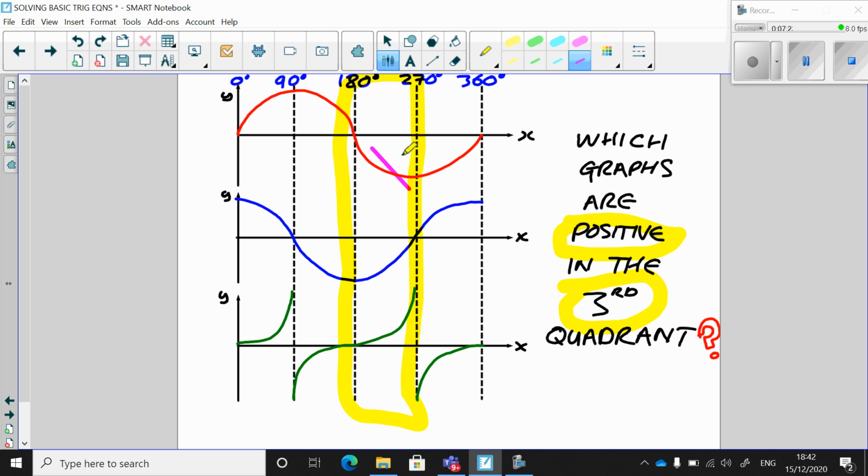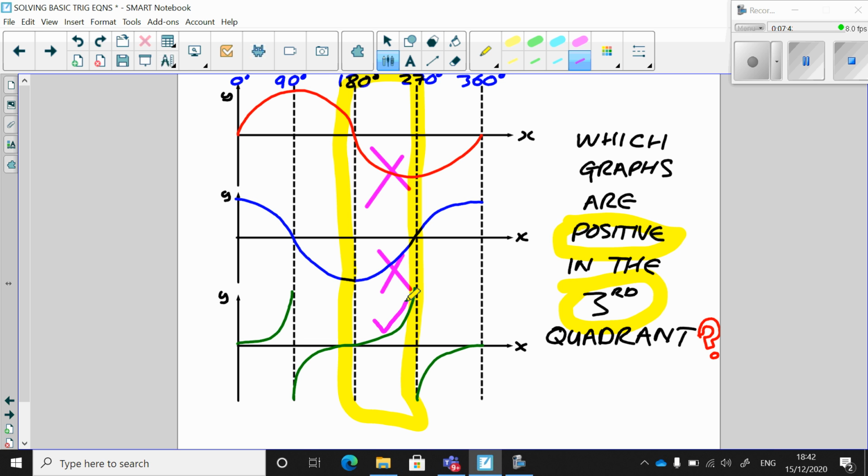That's below, so that doesn't count. That's below, that doesn't count. Oh, that's above, so that counts. So in the third quadrant, tangent, or tan, is the only one that would yield a positive answer.